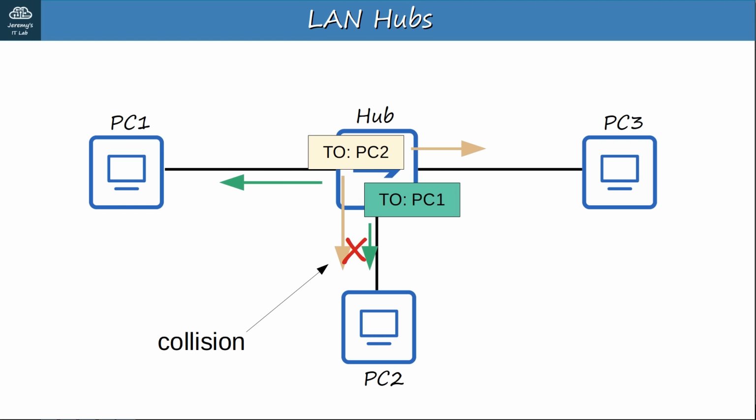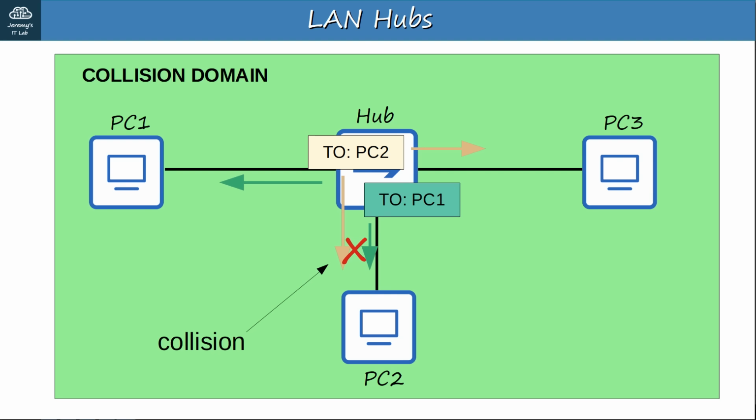All devices connected to a hub are part of what's called a collision domain. The frames they send could collide with frames any of the other devices connected to the hub send. To deal with collisions in a half-duplex situation like this, Ethernet devices use a mechanism called CSMA-CD. Let's check it out.